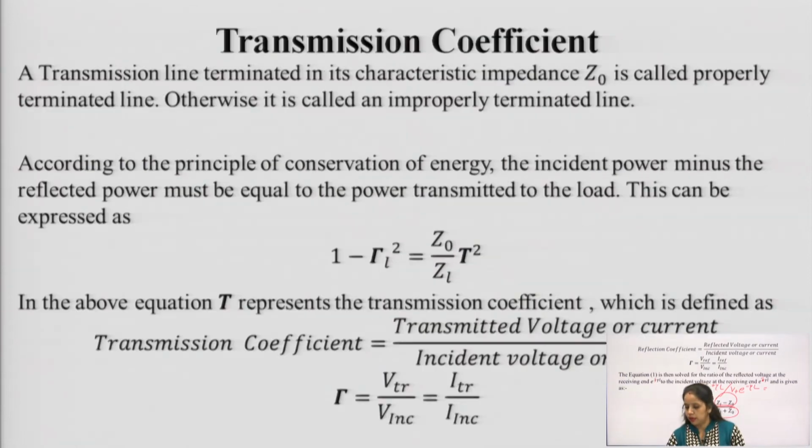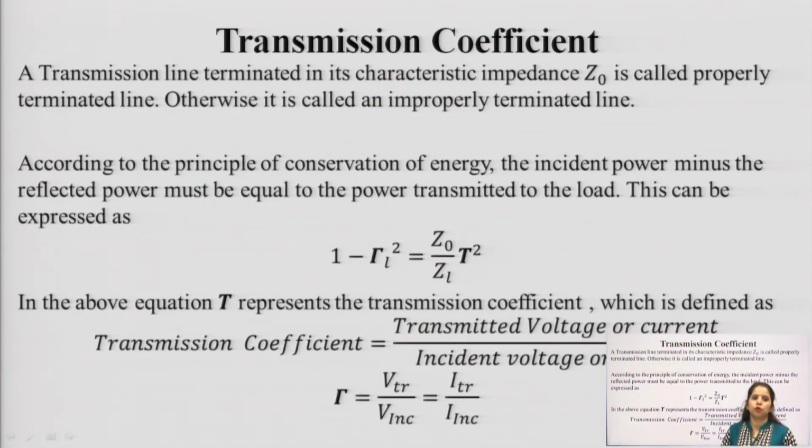Now comes the transmission coefficient. The transmission coefficient is the term which exists in both the properly terminated and the improperly terminated wave, because any wave which is incident has to transmit. We always give the wave just for the transmission purpose.